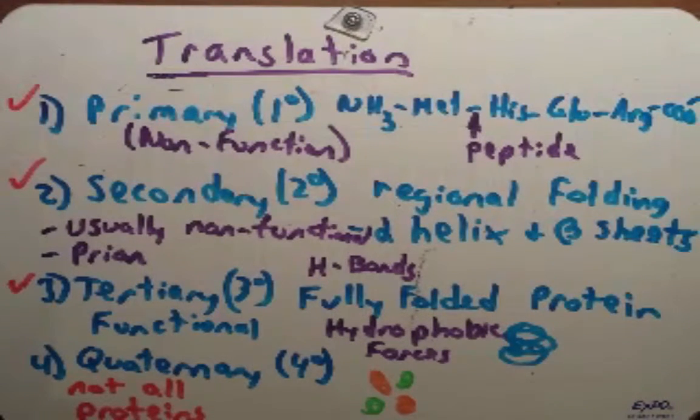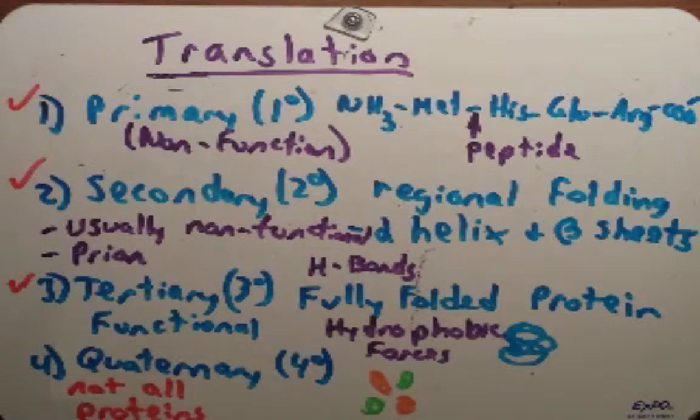So a quaternary protein is composed of multiple subunits, often coded for by different genes. They are then held together to give that protein function. For instance, with hemoglobin, any one of these subunits by themselves is not functional.